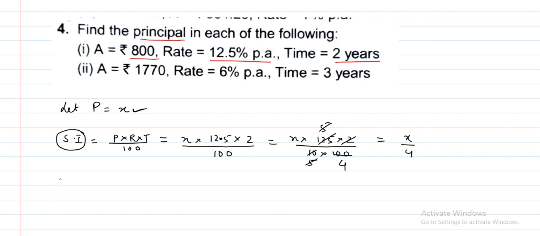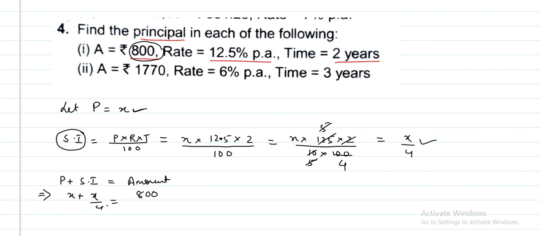Now as we know, principal plus simple interest is equal to how much? Amount. We know that. So we'll put the value of that. Principal is how much? x. Interest is how much? x by 4 is our interest. Equal to amount, which is given as rupees 800. So we'll write here 800.